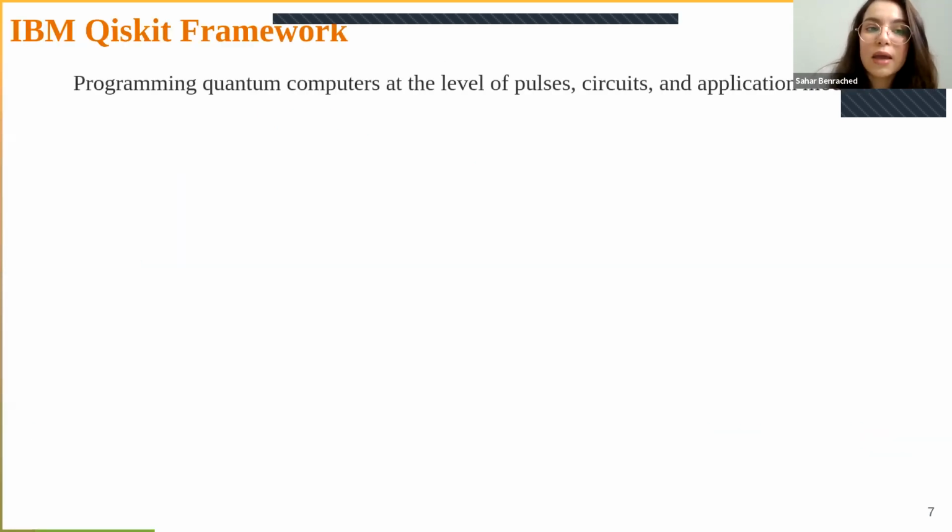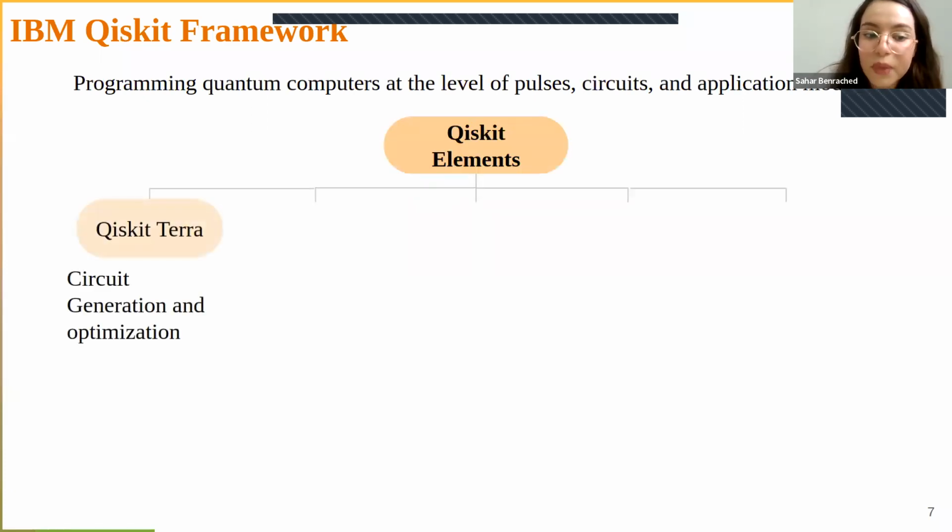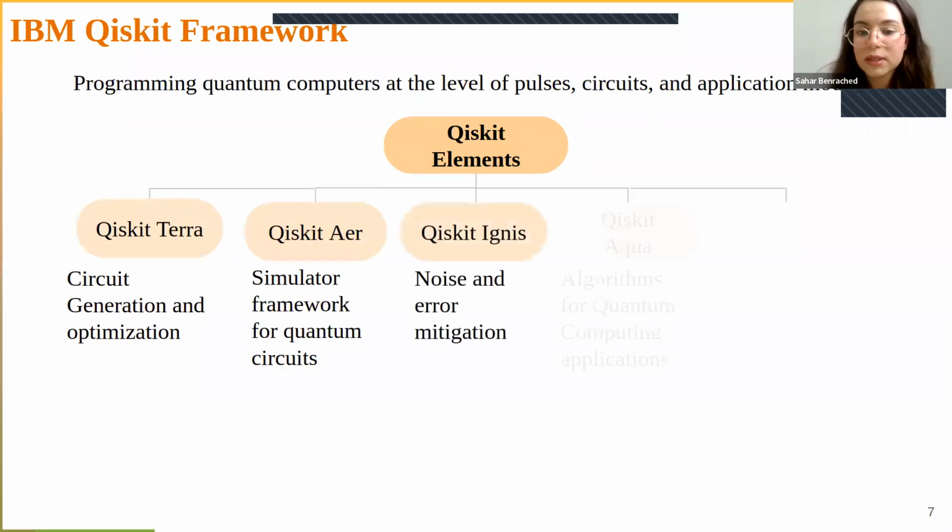So more on the IBM Qiskit framework, if you have not used it before. Qiskit is used for programming quantum computers. You can use it to operate at the pulse level, but also on the application modules level, such as in finance and machine learning. And Qiskit actually encompasses multiple elements.